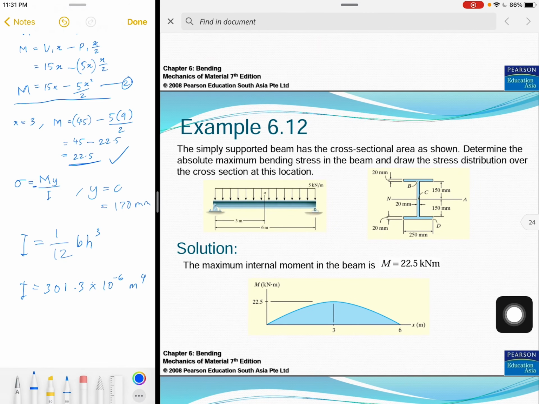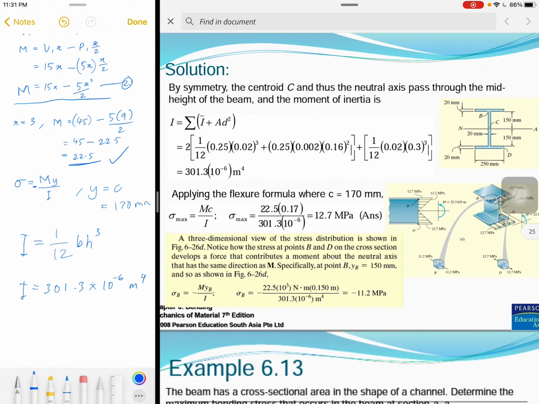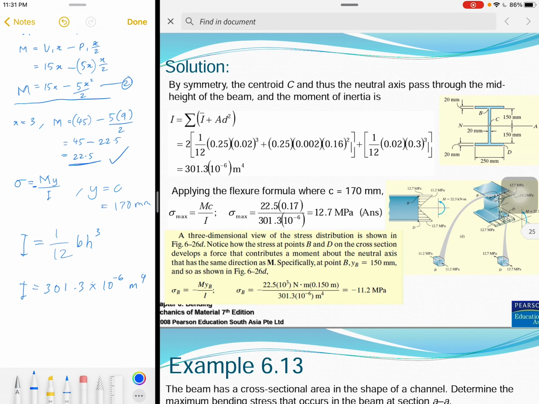But we haven't finished yet actually. What we need to do is draw the stress distribution over the cross section at this location. We need to draw the distribution of stress across the cross section.